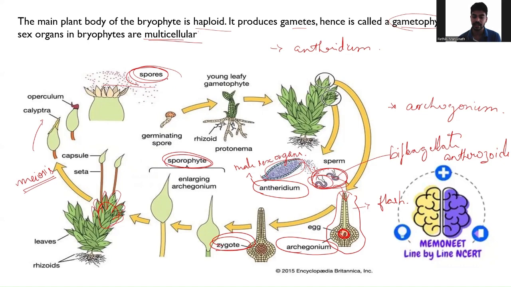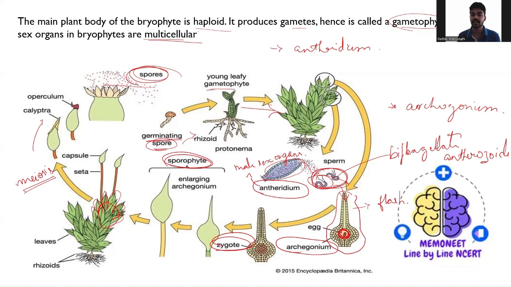These spores will germinate to produce the gametophyte. This is the young gametophyte, and later on it will develop into the adult one. So this is all about the life cycle of the bryophytes.